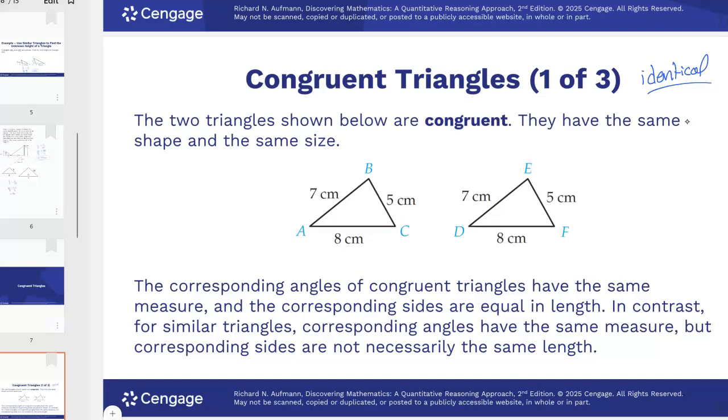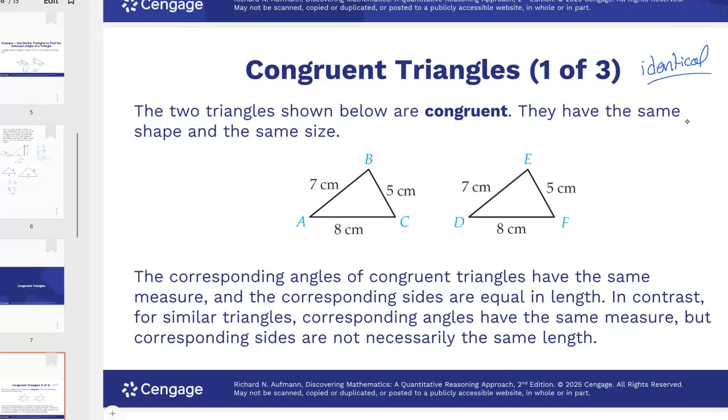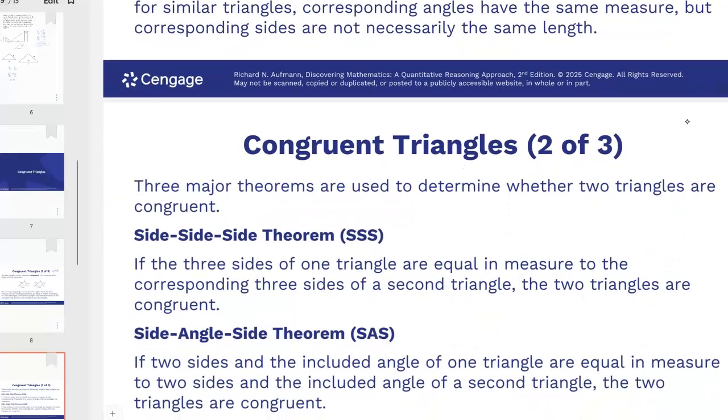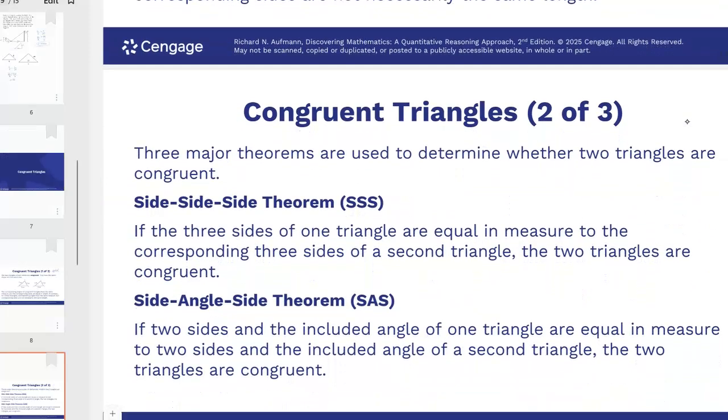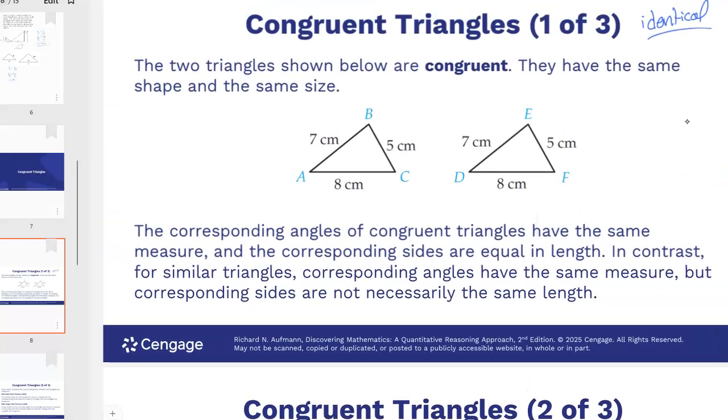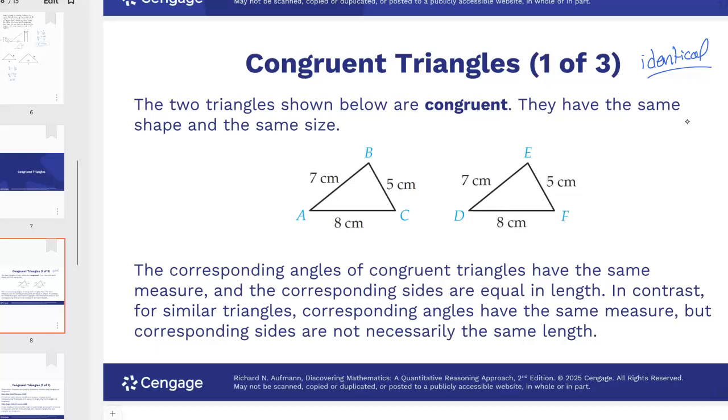There are three ways we can tell whether or not two triangles are congruent. We have three options we can look at. We can look at side, side, side. What side, side, side means is that the three sides are all equal in measure. This is a good example of that. We would say triangle ABC is congruent to triangle DEF by side, side, side.